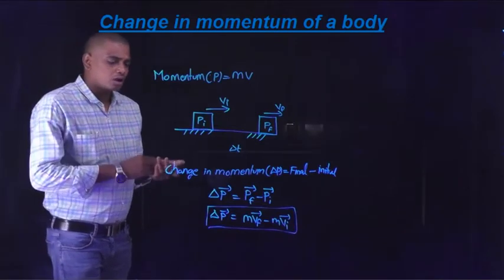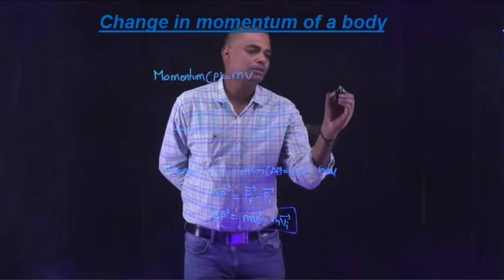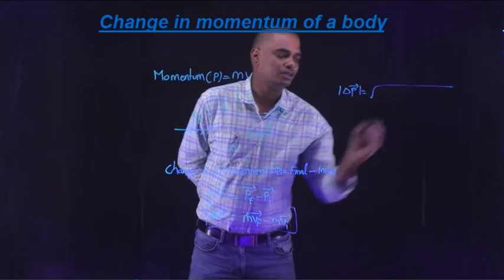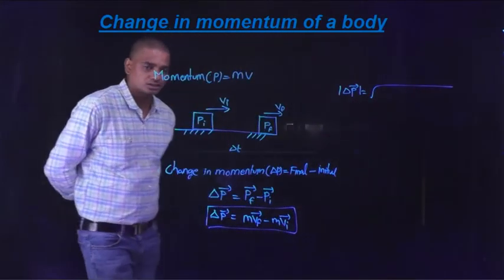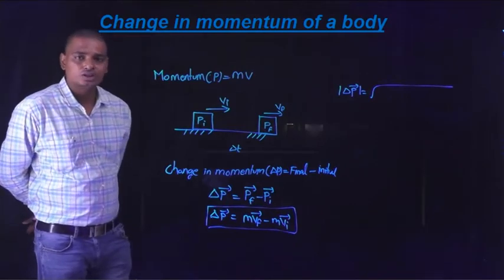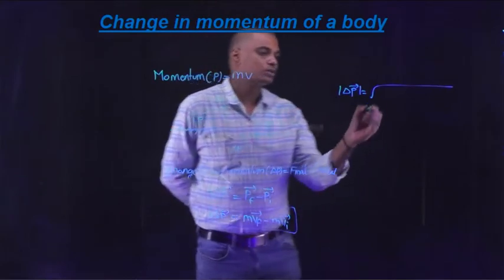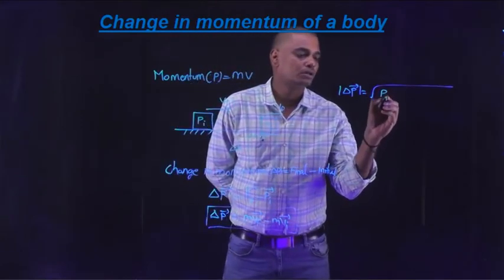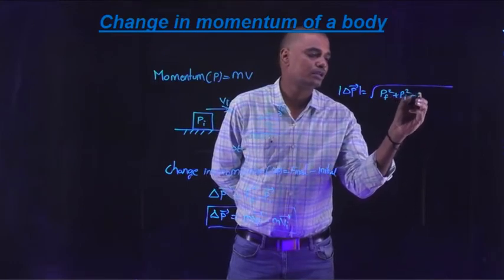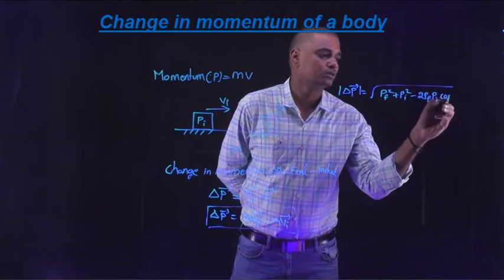So if we want to calculate the magnitude of the change in momentum, delta p bar, we need the magnitude of the subtraction of two vectors. We have studied a formula in motion in a plane. The difference between the two vectors, according to parallelogram law, delta p is equal to square root of p final square plus p initial square minus 2 p final into p initial into cos theta.